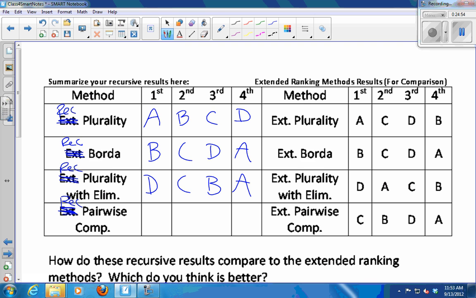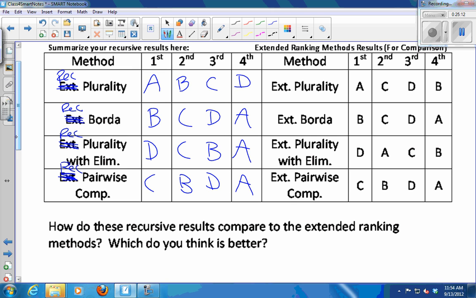Anybody have results for pairwise comparisons? DCBA? Oh, CBDA? Do you have that? Great, good. CBDA. Okay.